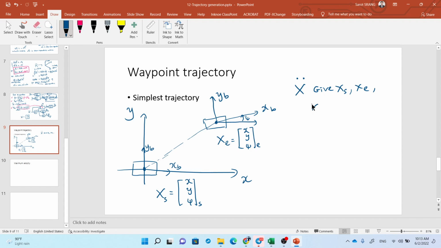Maximum velocity means H dot max, because the actuator has saturated input, for example, maximum voltage. And also the maximum acceleration, H double dot max.